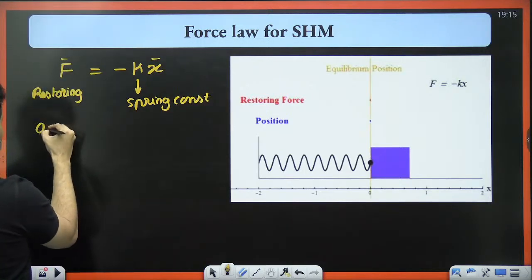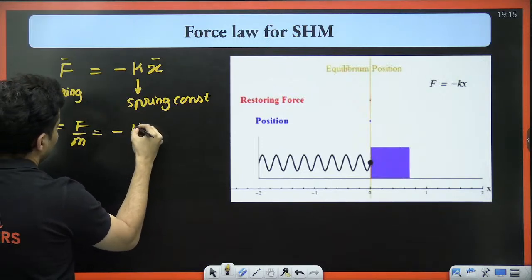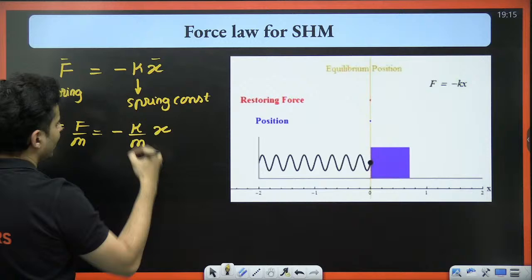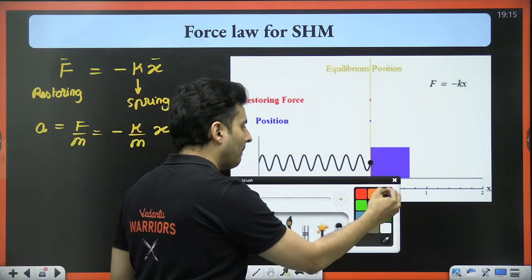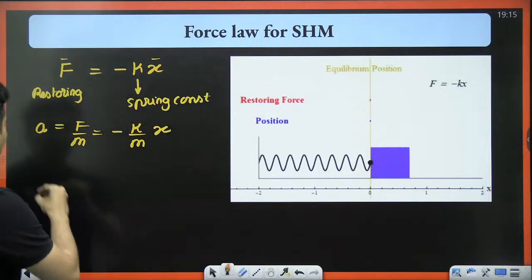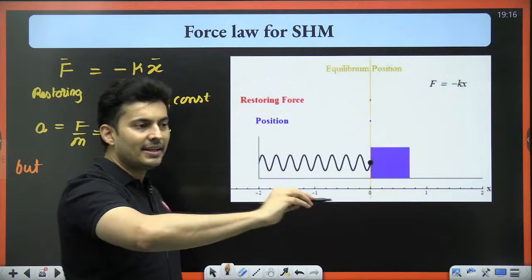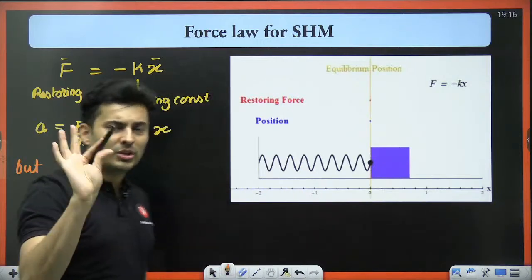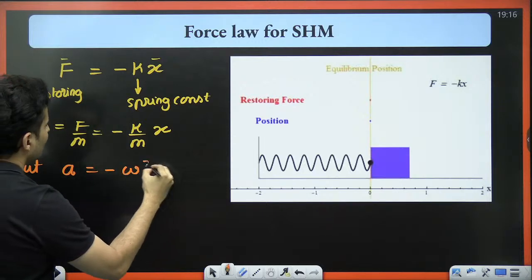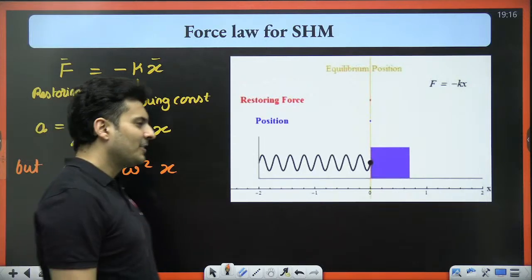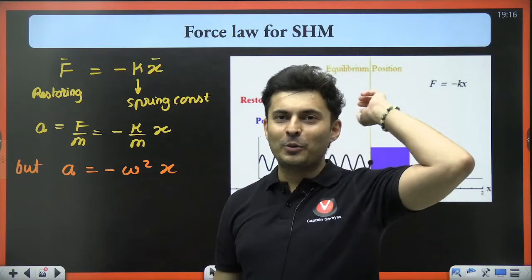What will your acceleration be? Acceleration is force by mass. So it will be minus k by m into x. But we know when a mass oscillates back and forth, the usual formula of acceleration that we have been using is minus omega square into x. What does this tell you, my dear warriors?